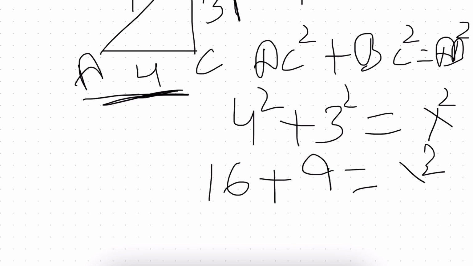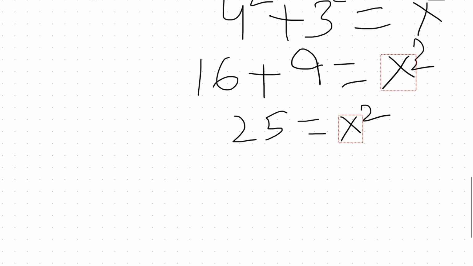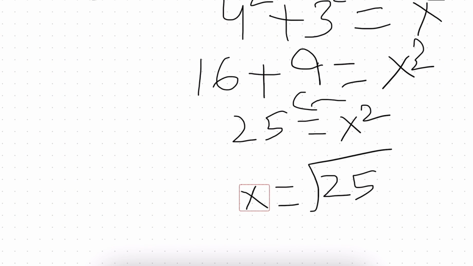It's equal to x square. So 25 is equal to x square, and when we shift the square to this side, x is equal to the root of 25. So the value of x is going to be 5.